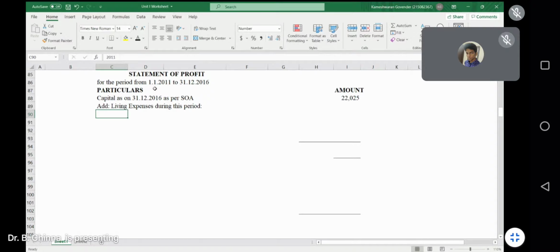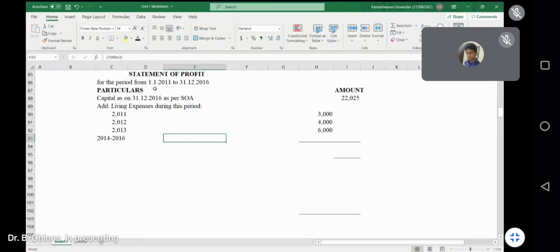So what is the living expense in 2011? 3,000, sir. 3,000. Okay. And 2012, 4,000. Then 2013, 6,000. Then 2014 till 2016, how much? 7,000.